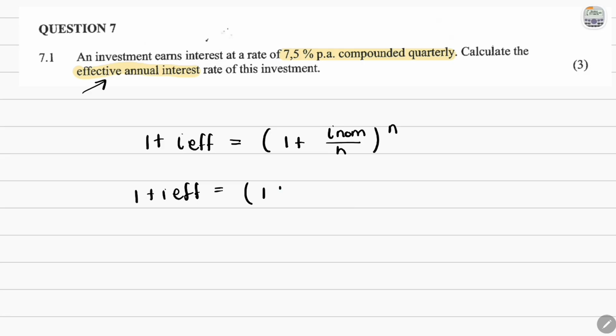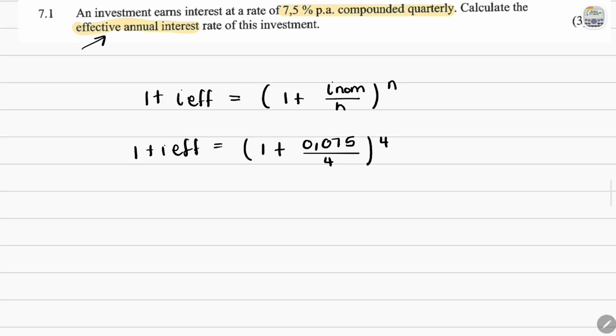Okay, so we're going to say 1 plus, and we'll write that interest rate as a decimal, which is 0.075. You can always just say 7.5 over 100 and then convert it into decimal notation. So this is over n, so it's compounded quarterly, meaning we're going to divide this by 4 so that it earns interest every quarter, and then raise to the power of 4. And now all we have to do is make i effective the subject.